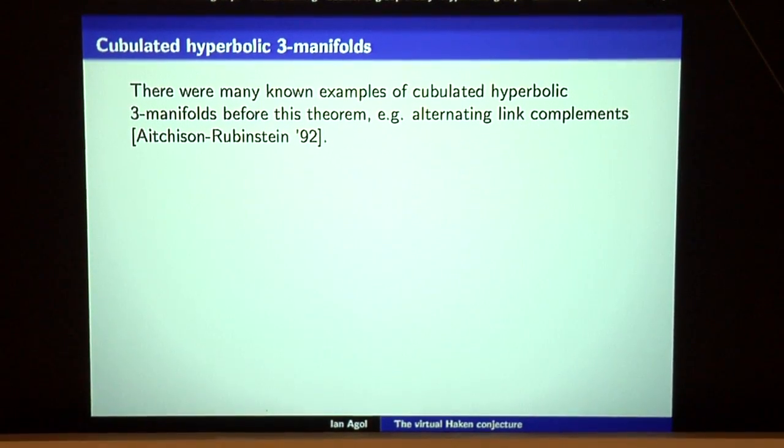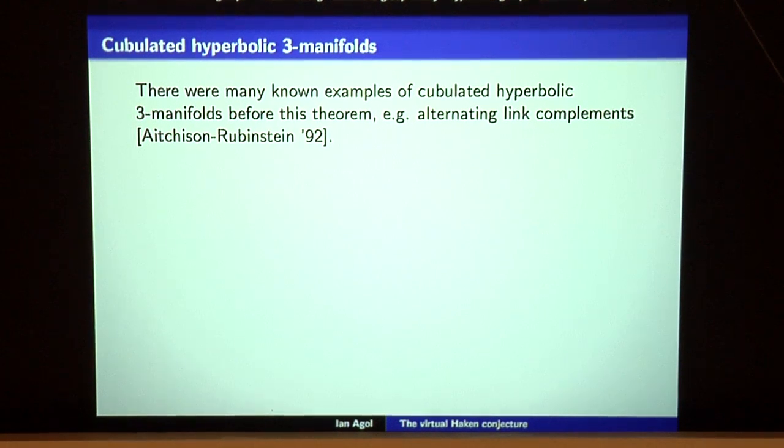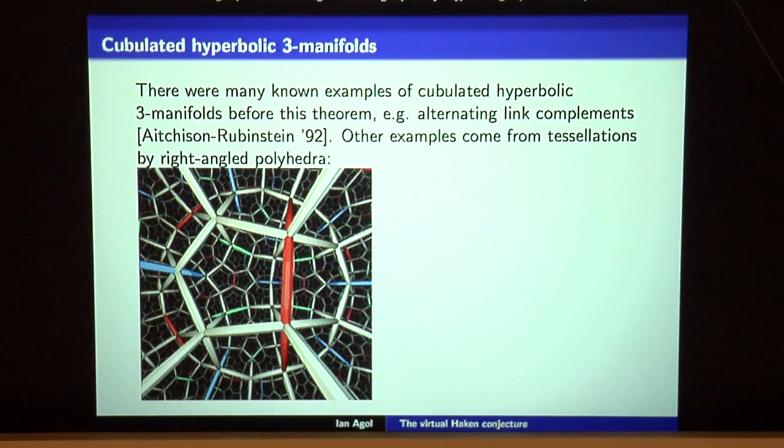There are many known examples of cubulated hyperbolic manifolds before this theorem, like Aitchison and Rubinstein did the alternating link complements, if you're familiar with those. Another example comes from this famous picture on the cover of Bill Thurston's book on three-dimensional manifolds. If we have a tessellation of hyperbolic space by hyperbolic polyhedra, then you can see the walls of the cube complex here.